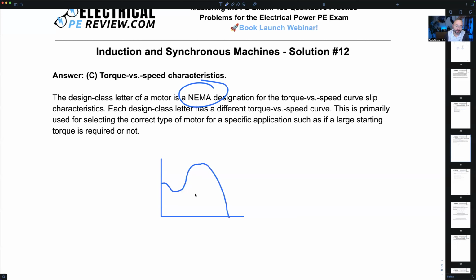There we go. Not bad. Here's the locked rotor torque, or the starting torque. Here's the pull-up torque. Here's the point of breakdown. We could say that's probably rated.